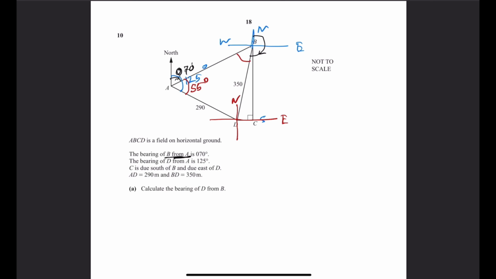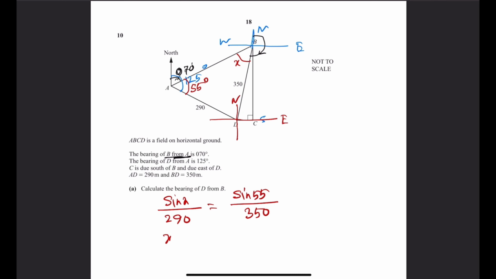Let me consider this as x, so we can write sine x by 290 equals sine 55 by 350.